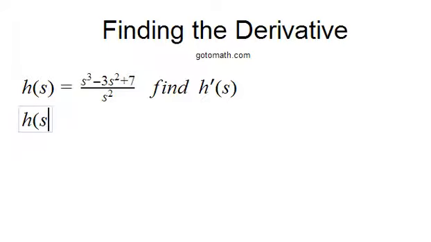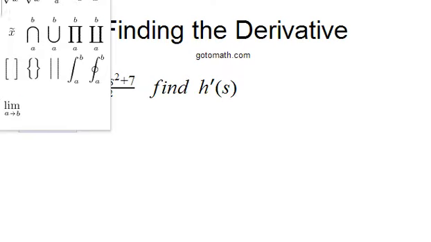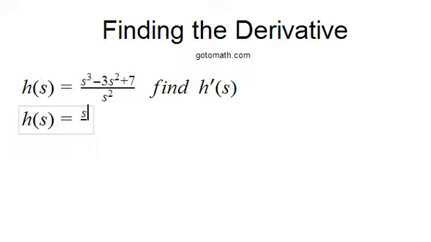So we'll say h of s is equal to, and I'm going to break this up so you'll see it a little better, instead of skipping some steps. We're going to break this up into three separate fractions.